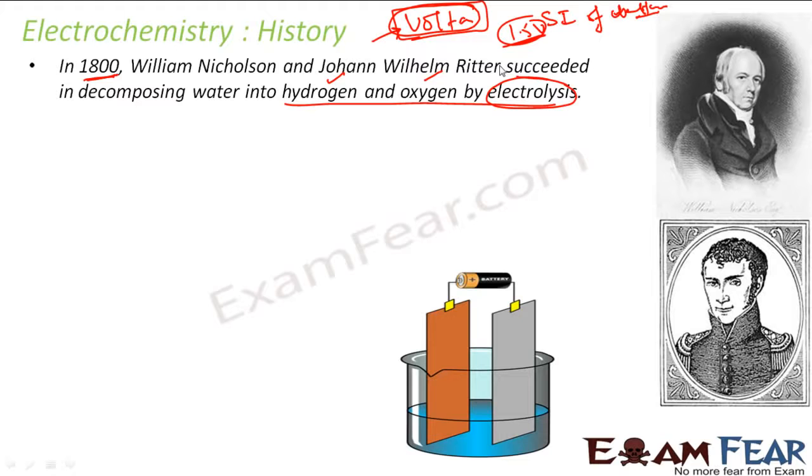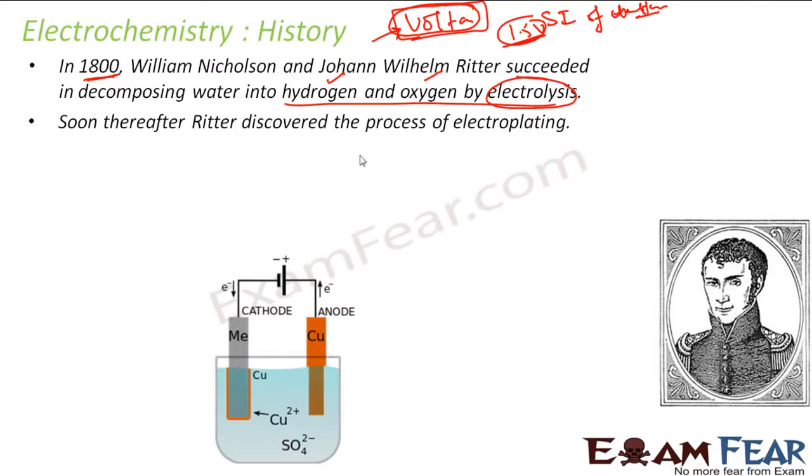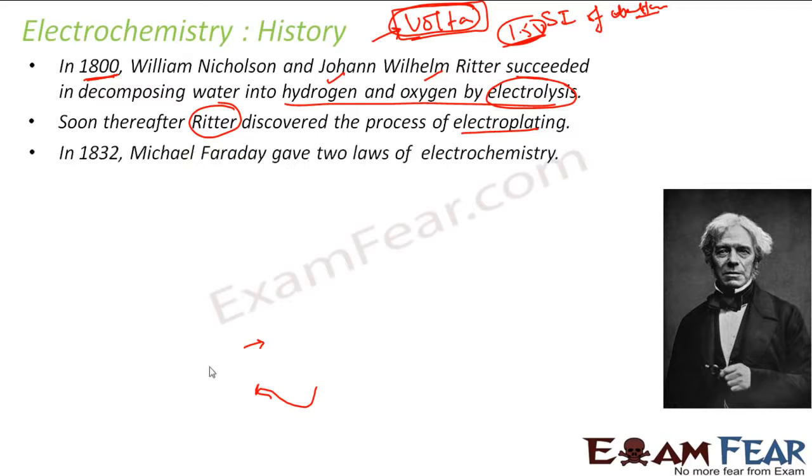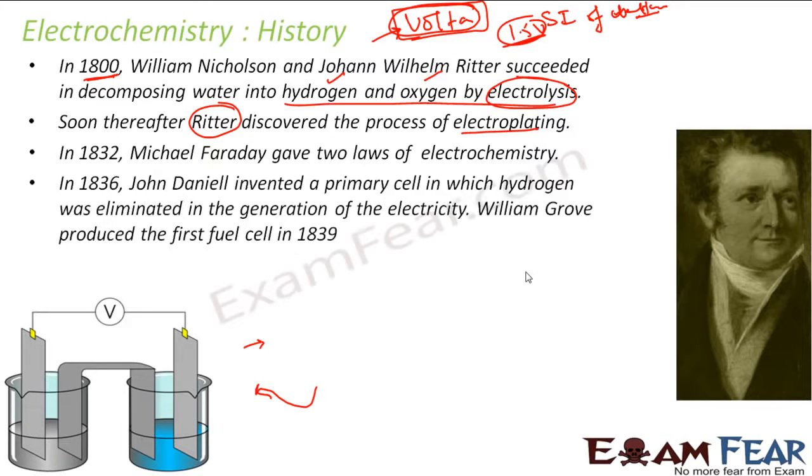And then soon after that, this guy Ritter discovered the process of electroplating, where you have one metal, for example copper, and some other cheap metal is electroplated with copper. And then Faraday gave the laws of electrochemistry. We'll discuss Faraday's law also.